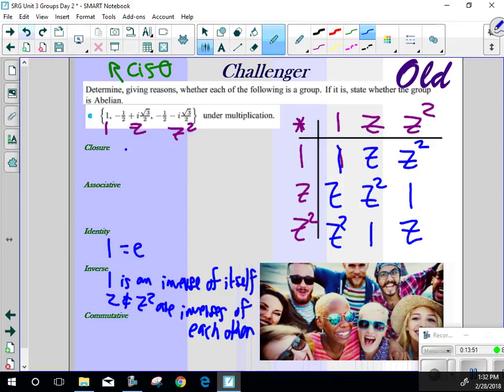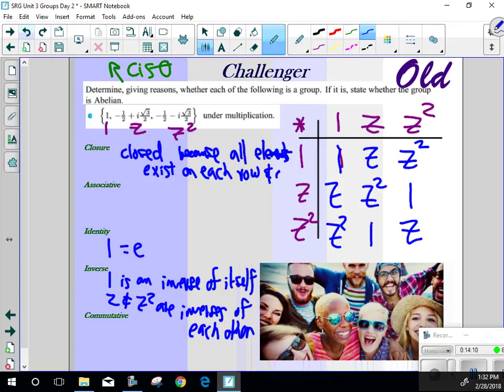It's closed because all elements exist on each row and column of the table.